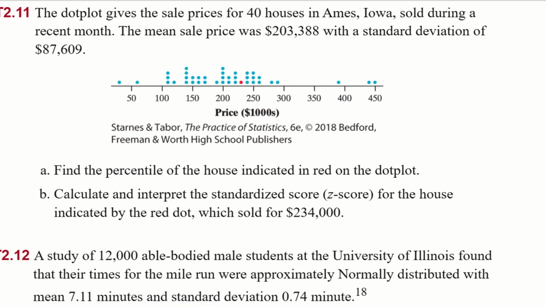All right, so we got the house in red. So we got this dot here. And so we need to count how many dots scored below. So we got 1, 2, 3, 4, 5, 6, 7, 8, 9, 10, 11, 12, 13, 14, 15, 16, 17, 18, 19, 20, 21, 22, 23, 24, 25, 26. So we got 26 houses.